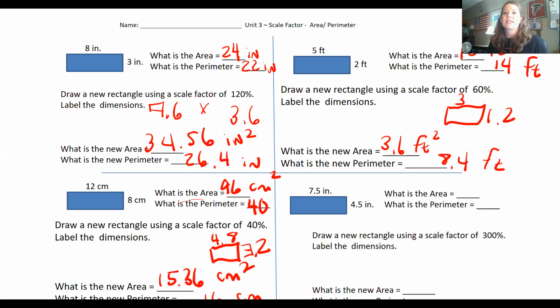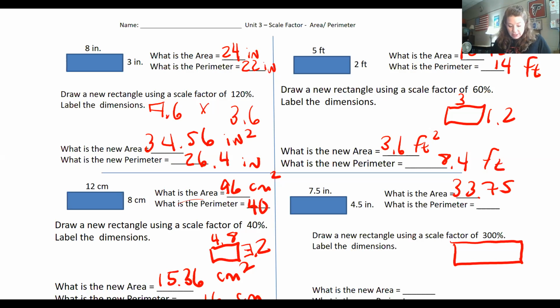We're almost done. Now the last one is 3 times bigger, so obviously I don't have enough space to draw it 3 times bigger, but 7.5. So first, our original area is 33.75. And the new area is going to be 9 times that. The scale factor is 3, and 3 squared is 9.